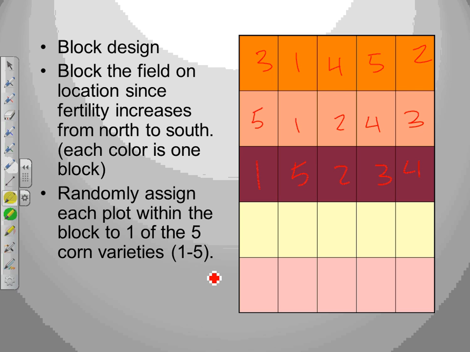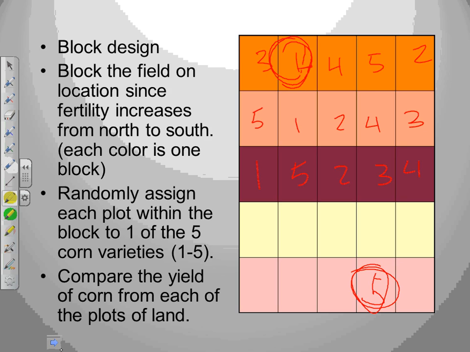You are able to compare. Maybe seed 1 is the best in really fertile land, but maybe seed 5 wins in infertile land that doesn't grow fast. So maybe seed 5 is the most resistant, or something. I'm not a farmer.